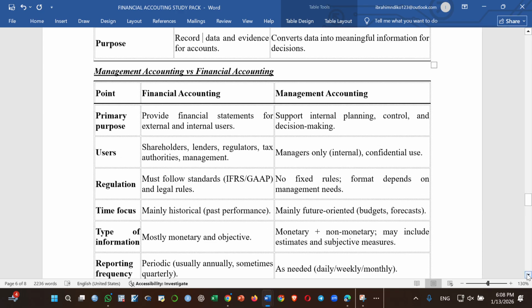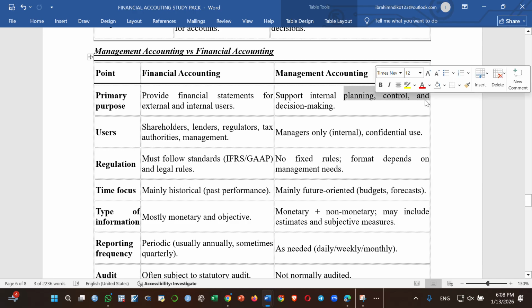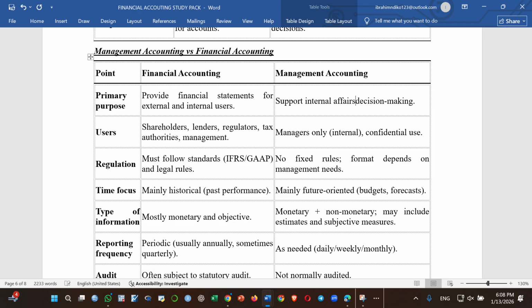Let's see the difference between financial accounting and management accounting. Number one, financial accounting serves both the internal and external affairs of the users, while management accounting supports the internal affairs of the entity, i.e., decision making.